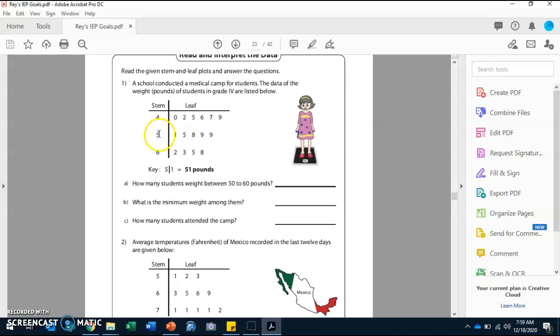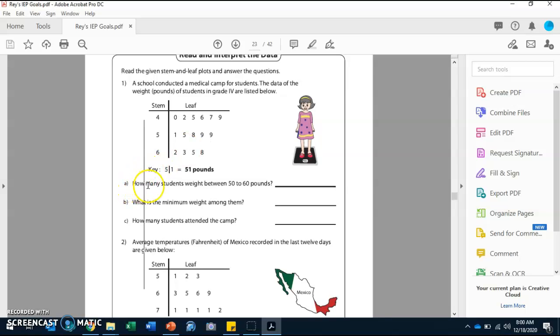So the 5 and a 1 is 51. The 5 and the 5 is 55. The 5 and the 8 is 58. The 5 and the 9 is 59. And the 5 and the 9 is another 59. So if we count those numbers, how many students do we have? 1, 2, 3, 4, 5.